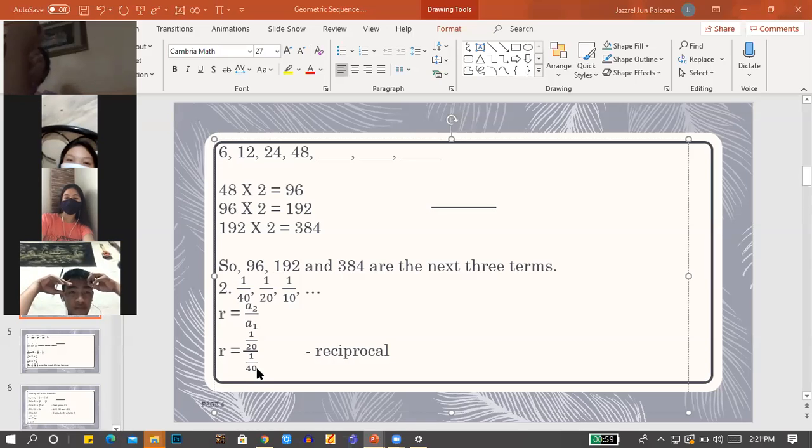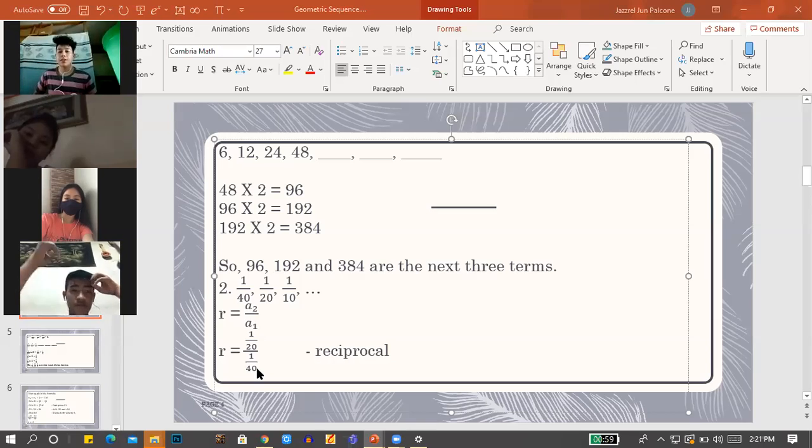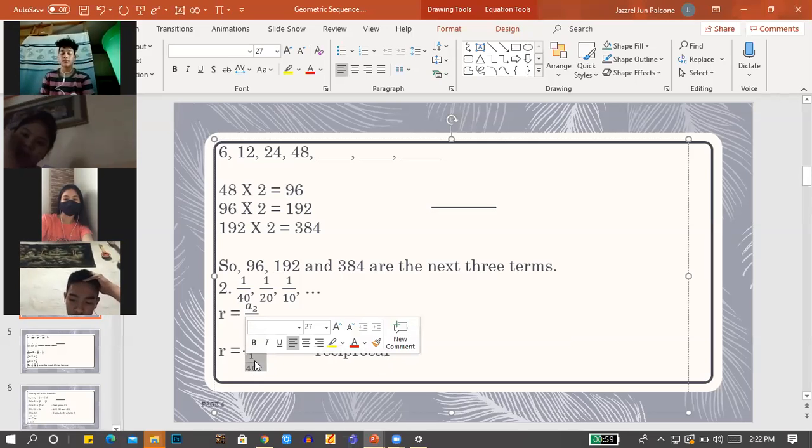Pag ganito ang nangyari, class, if you have a fraction within a fraction, you can have what we call reciprocal. Okay, ang reciprocal ay ginagawa mo lang sa ibabang part ng ating fraction, yung 1 over 40. So when we say reciprocal, we need to baliktarin natin. So yung 1 over 40 magiging 40 over 1.